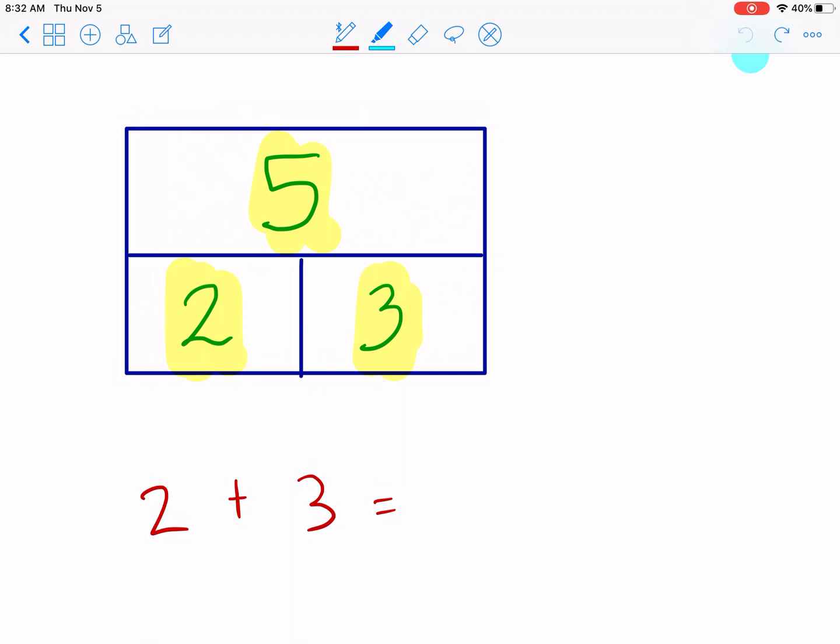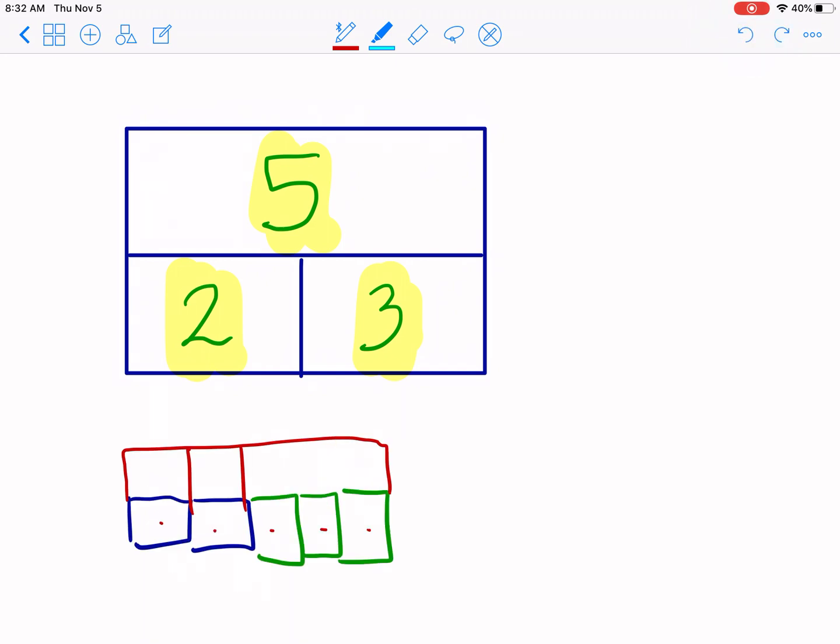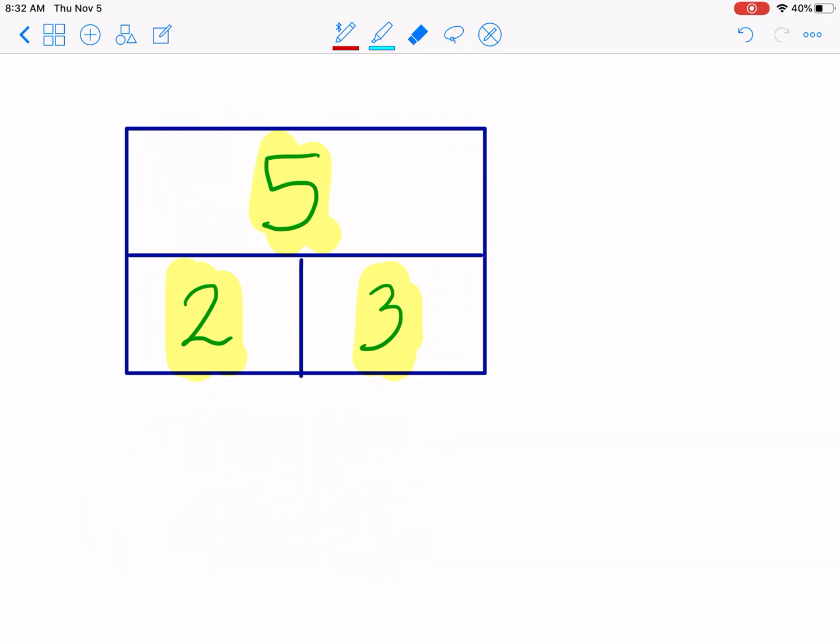Now, let's think about our fact family. We said 2 plus 3 equals 5. We could also say 3 plus 2 equals 5. But then we can think about the subtraction. So what happens if we have our whole?